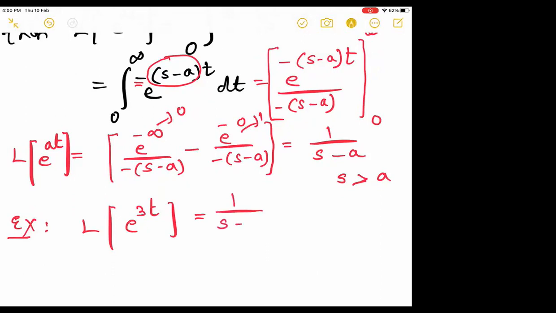That is actually a function of s. Generally, a function of s we write as f bar of s. Suppose I want to calculate Laplace transform of 2 raised to t. Can you convert this 2 raised to t into exponential form? Anybody?